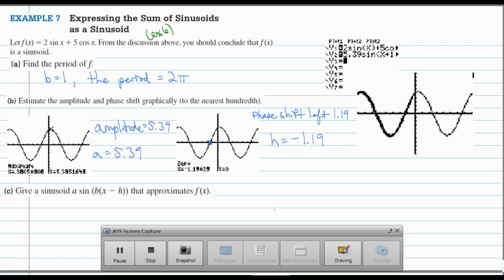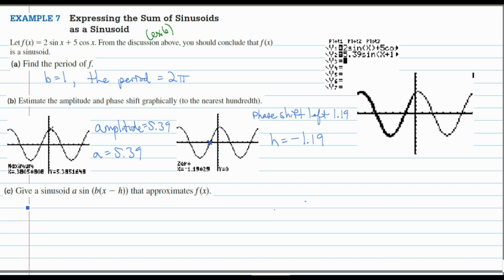If you don't remember what our final goal is here, the formula for a sinusoid is down here. So the h value, the horizontal shift left or right, is right there. Now, we want to give a sinusoid of this form that approximates f of x.